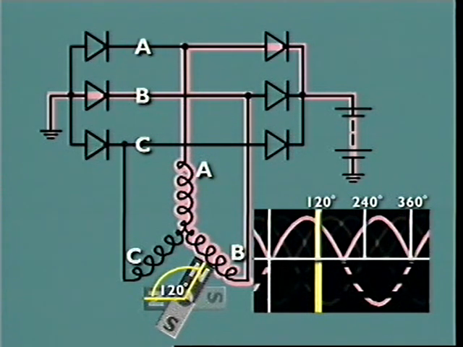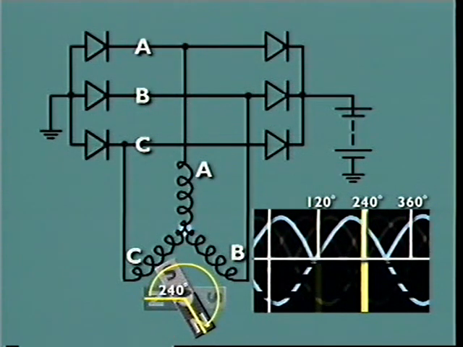When the magnet rotates further to this position, the polarity of winding A changes.